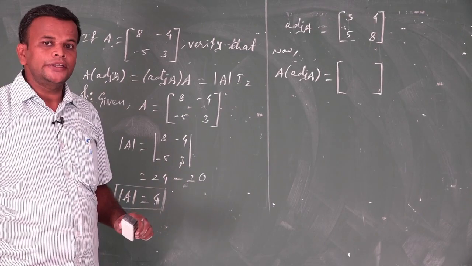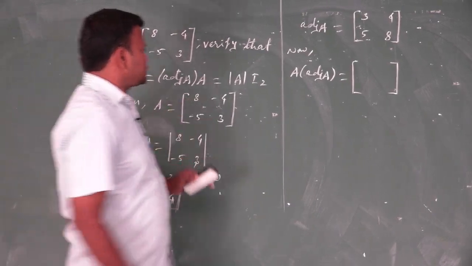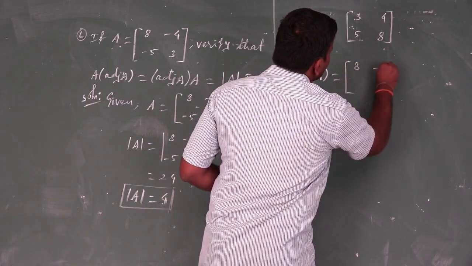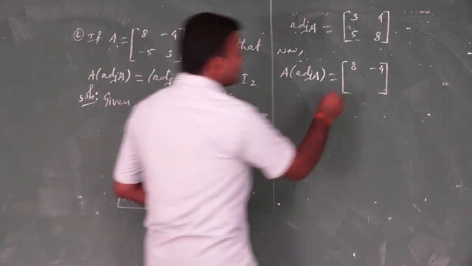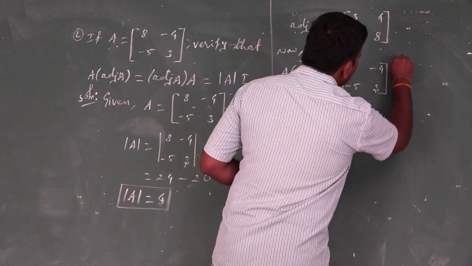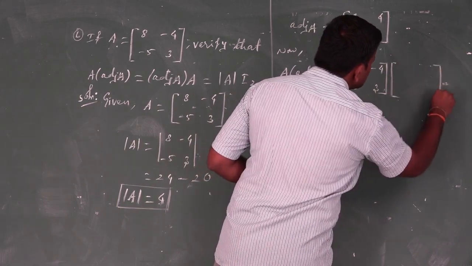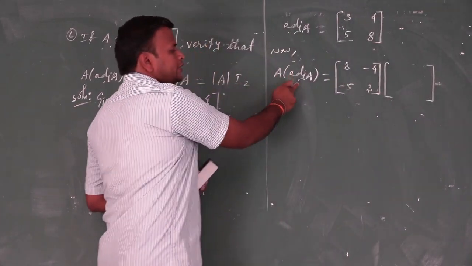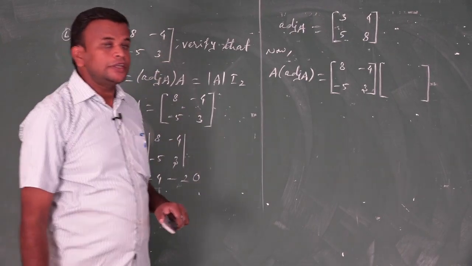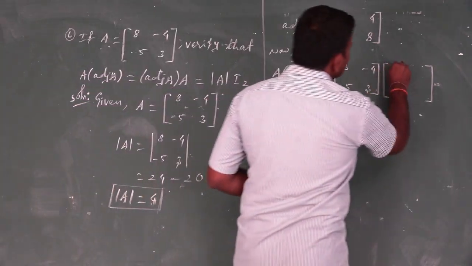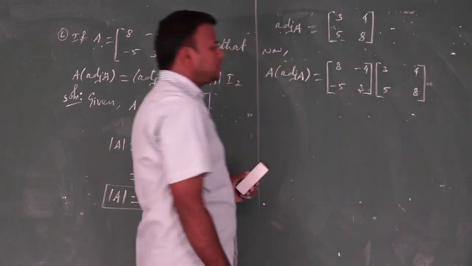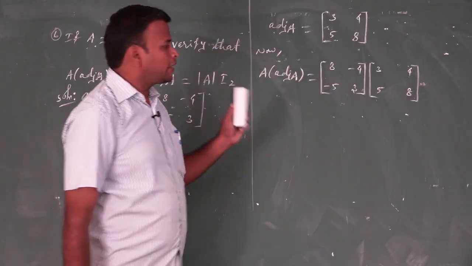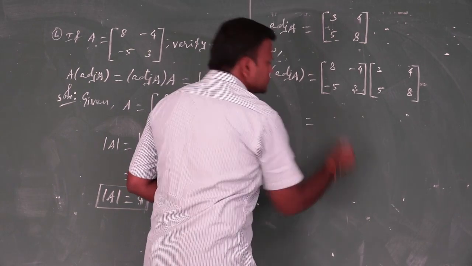The value of the matrix A is 8, minus 4, minus 5, 3. And the next one is adjoint A. The adjoint A matrix value is 3, 4, 5 and 8. Now we multiply these two matrices.